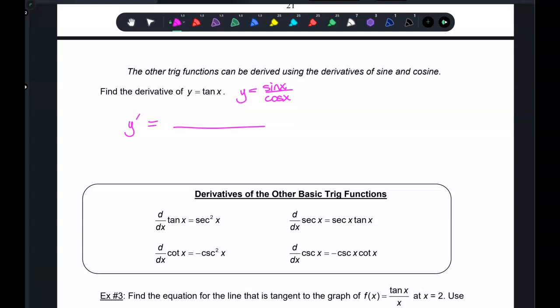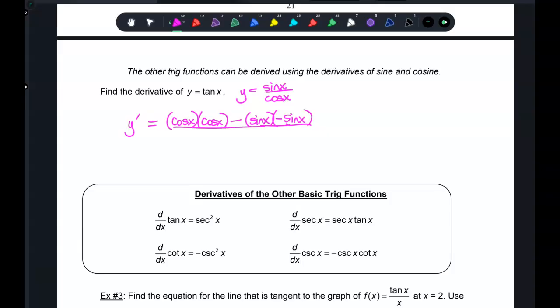Okay, so we're going to take the denominator times the derivative of the numerator. That's going to be cosine, minus the numerator times, what's the derivative of cosine?